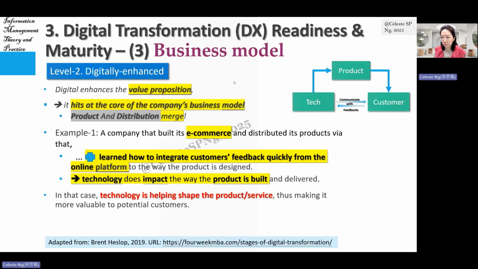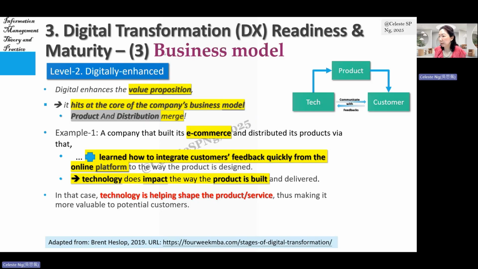And then for the second level, level 2, the type of business model affected by digital technology will be the digitally enhanced business model. In this case, digital does enhance the value proposition. It hits the core of the company's business model.